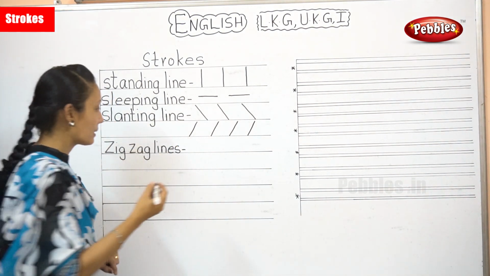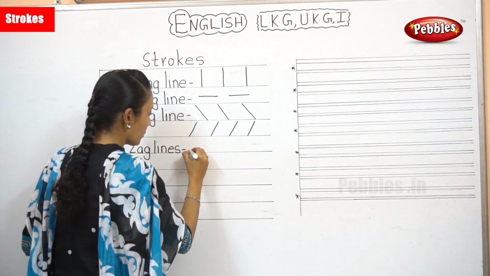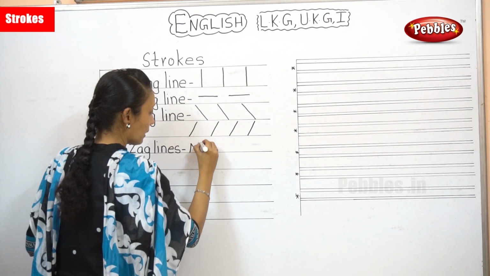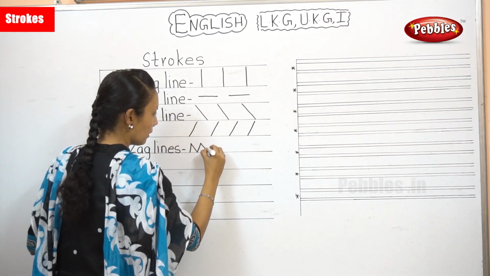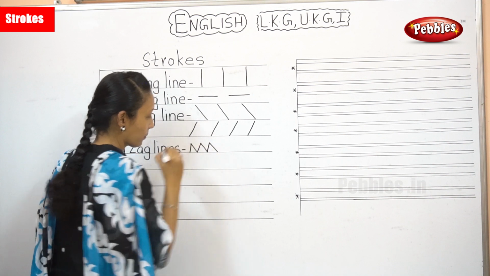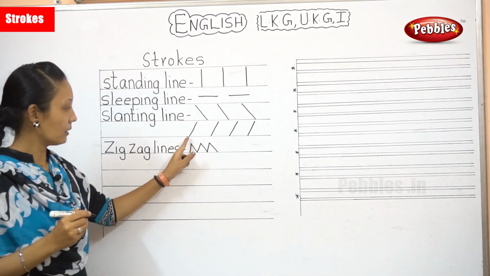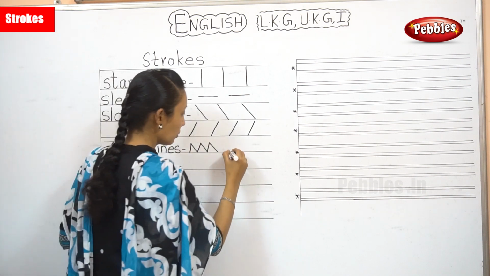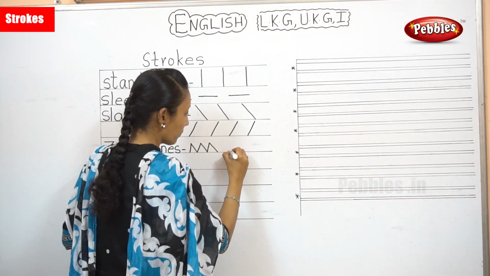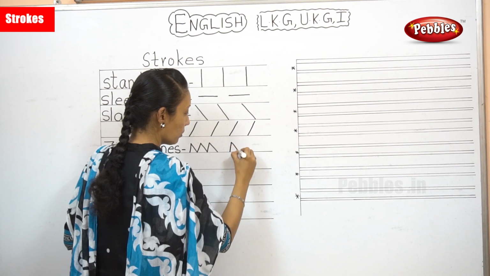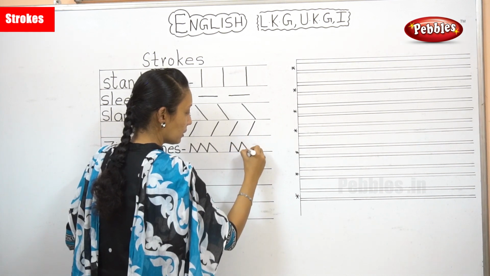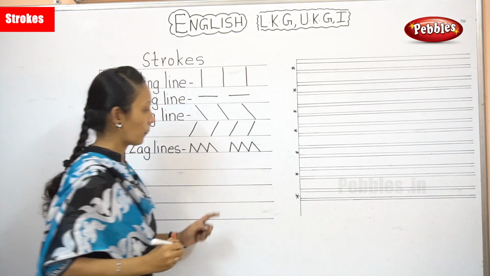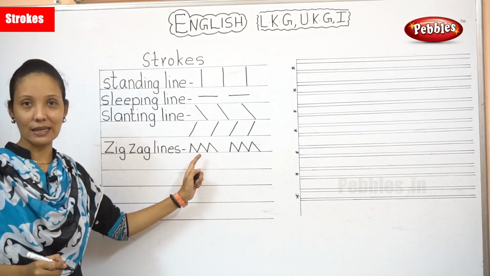Okay, now your zigzag lines go from down, up, down, again up, down, up and down. Okay, can you see? It is in a zigzag way. Once again I will show you. You start from down, go up, down, up, down, up and down. So these are zigzag lines.